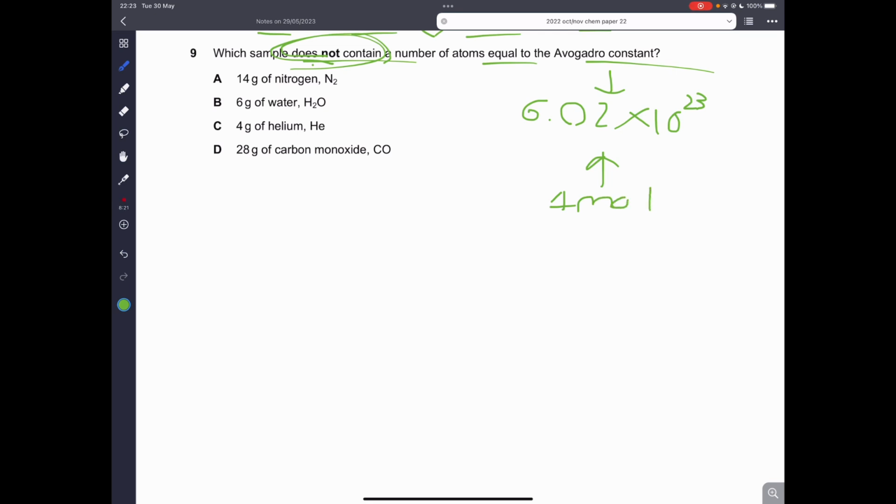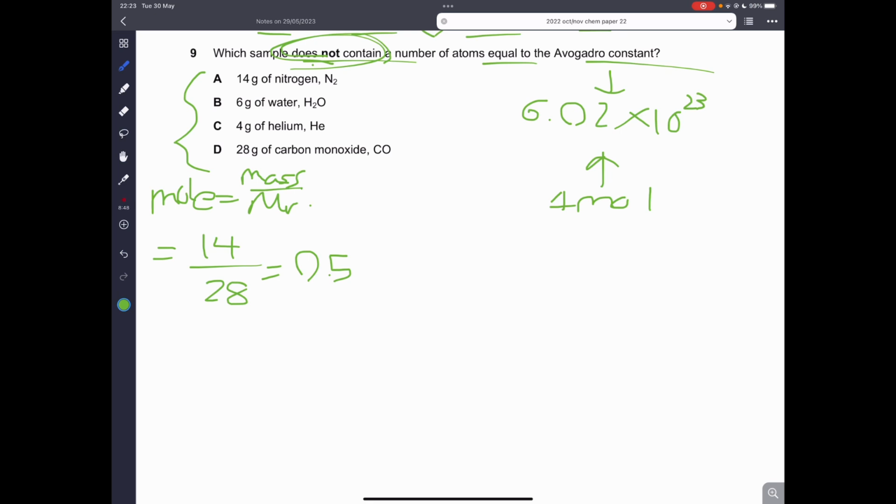For this we have to calculate for each of them, so let's start with nitrogen. Remember that mole is equal to mass over Mr. Nitrogen is 14 grams divided by its molar mass of 28, which gives us 0.5 mole.